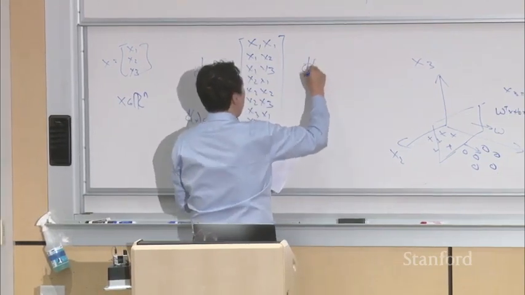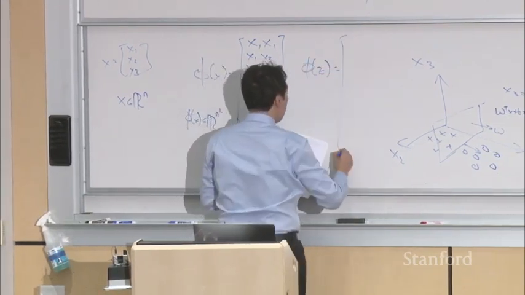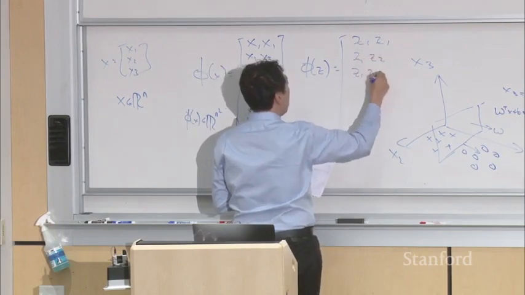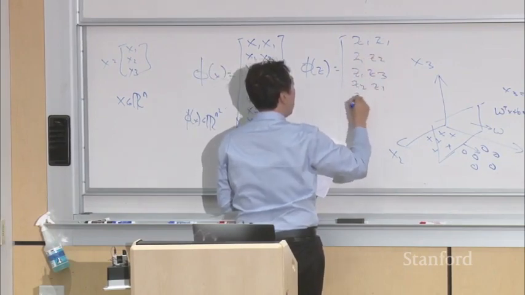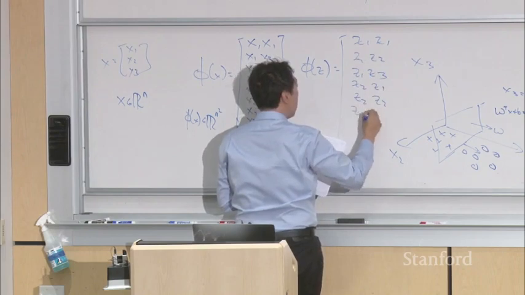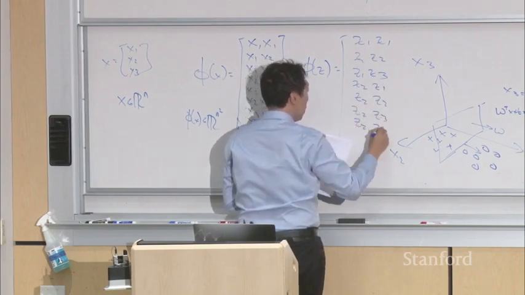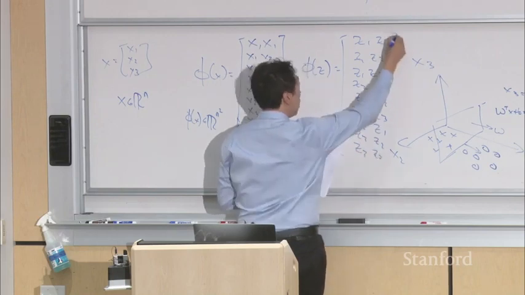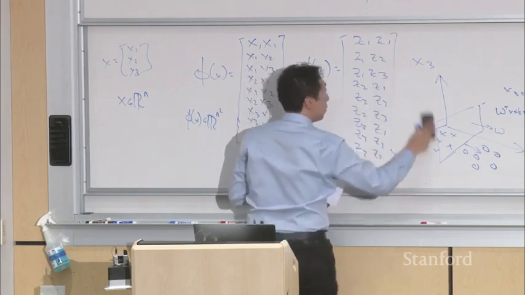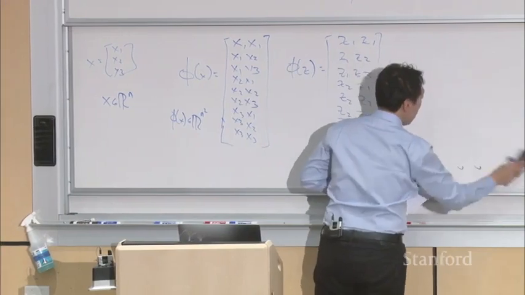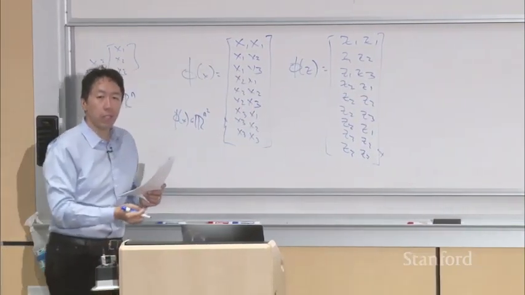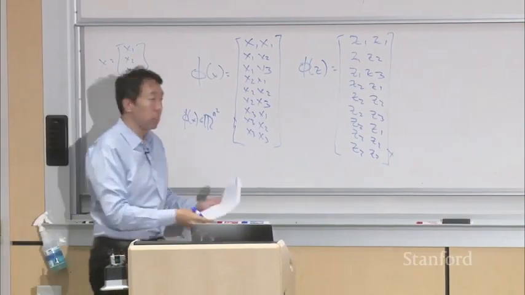And then similarly, phi of z is going to be z1 z1, z1 z2, and so on. Okay. So we've gone from n features, like 10,000 features, to n squared features, which would be, in this case, 100 million features.